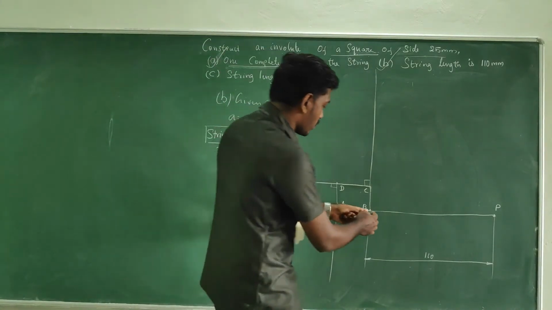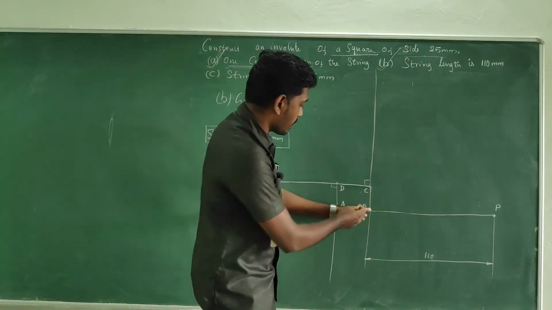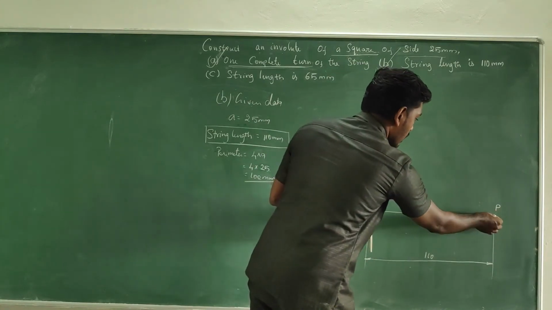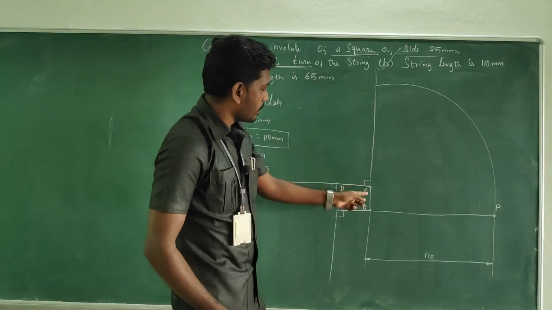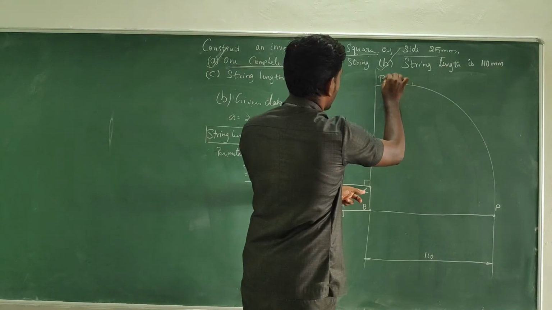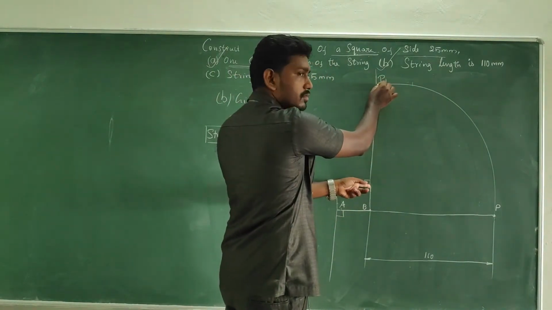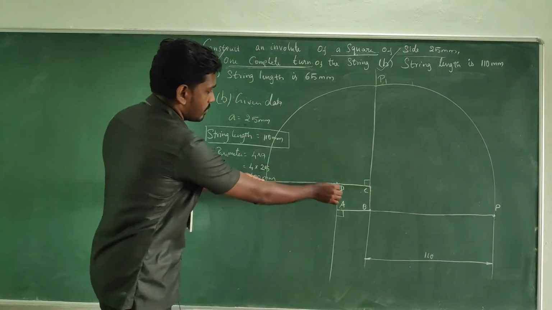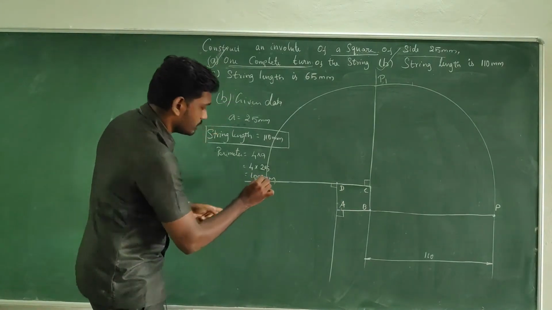So now just take your compass, the same procedure which we followed in the first question. Take the compass, B to P, measure it and go for an arc. It intersects with the line which comes from C. It is point P1. Then measure C to P1 and go for an arc till it intersects the line coming from D. So this is P2.